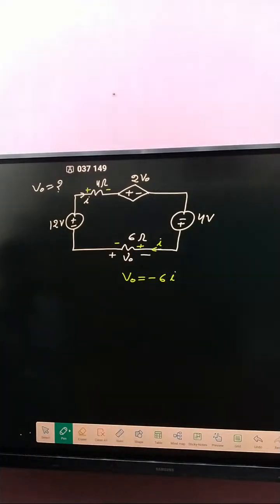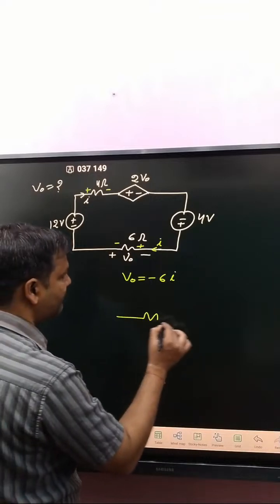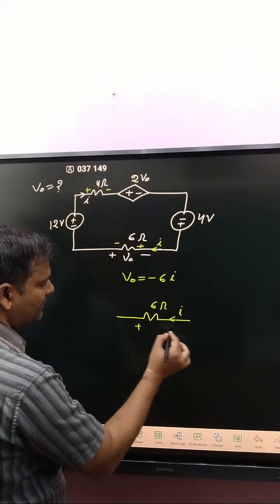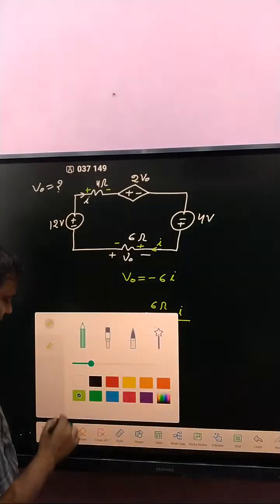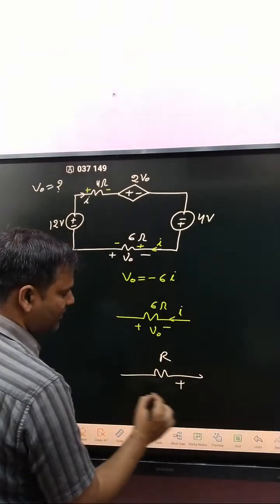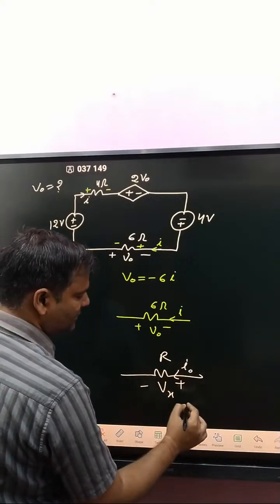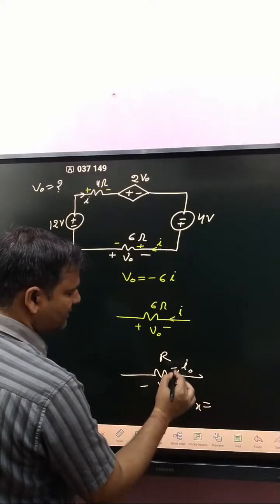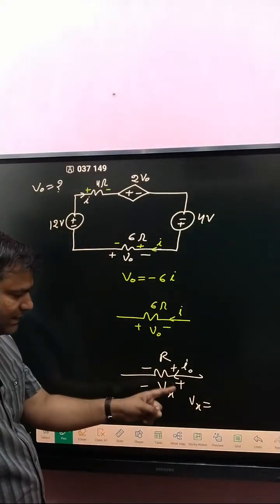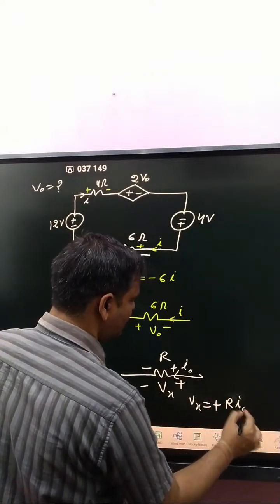If anyone faces confusion, then redraw here. That is a 6 ohm resistor, current entering here, and the polarity is given like that. I know that if there is a resistance R with polarity plus minus, that is Vx, and current I naught, then Vx is written as, if both polarities are the same, plus R into I naught.